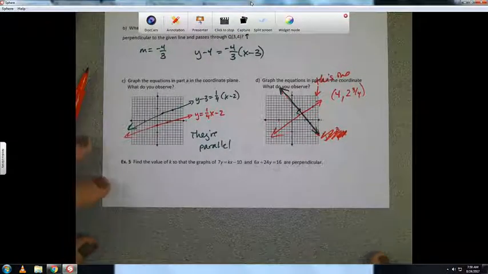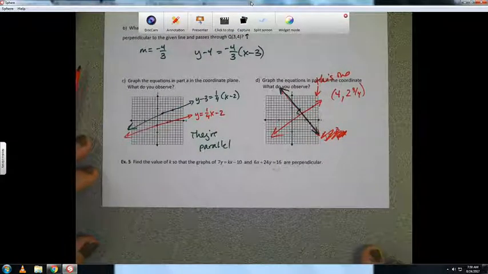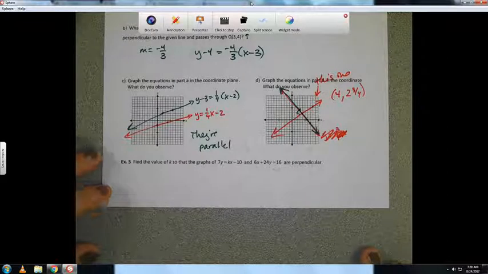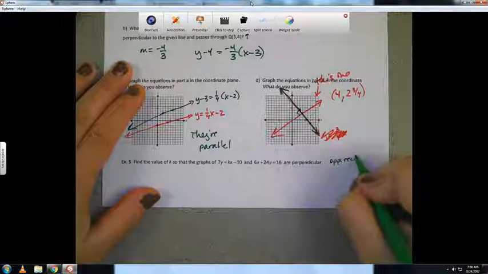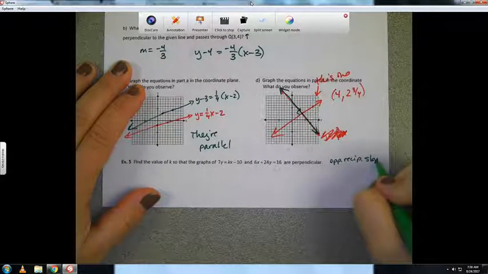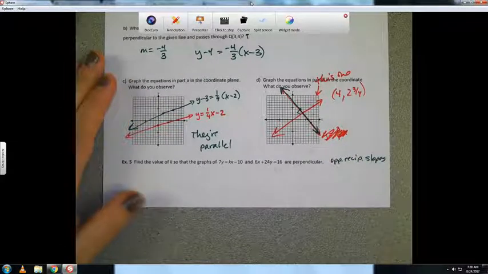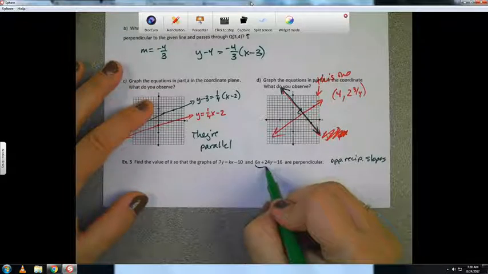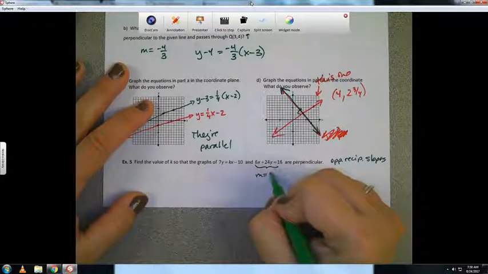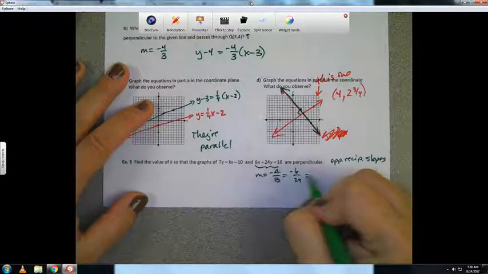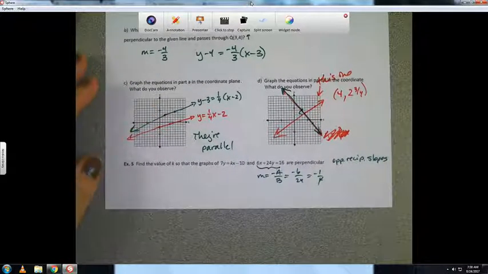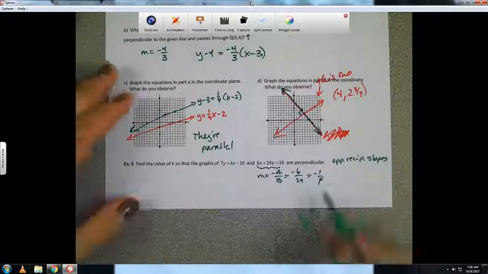Alright, last one. Find the value of k so that the graphs of these two equations are perpendicular. Well, that means we want opposite reciprocal slopes. So let's find the slope of each one. This slope is easier to find because you can use the opposite of A over B trick. -6 over 24. Okay, so that slope is -1/4.